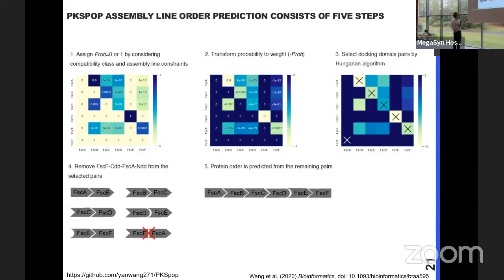This starts with a new module, so this interaction we can remove. And then when we stitch these together into one assembly line order, we can predict, in many cases, a single protein order based on this co-evolutionary method. And we see when benchmarking this on known assembly lines that for, let's say, roughly 80% of the cases, we can reliably predict a single assembly line order. So this is much better than random.